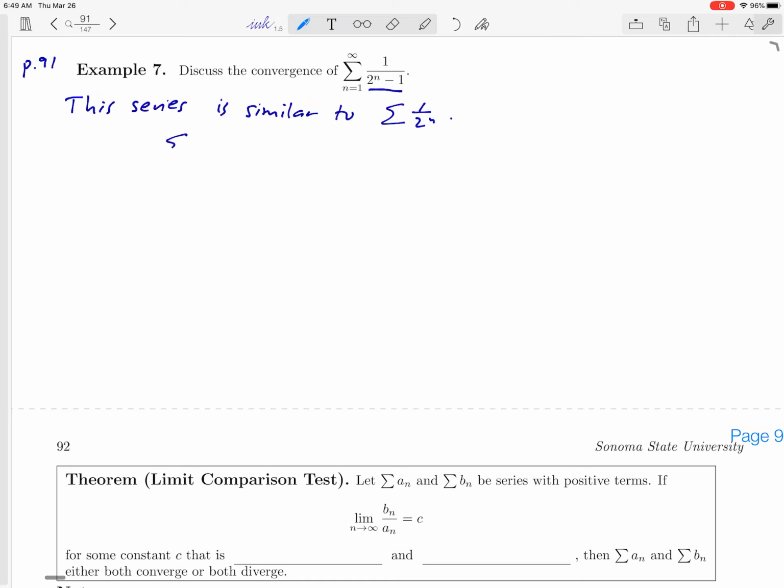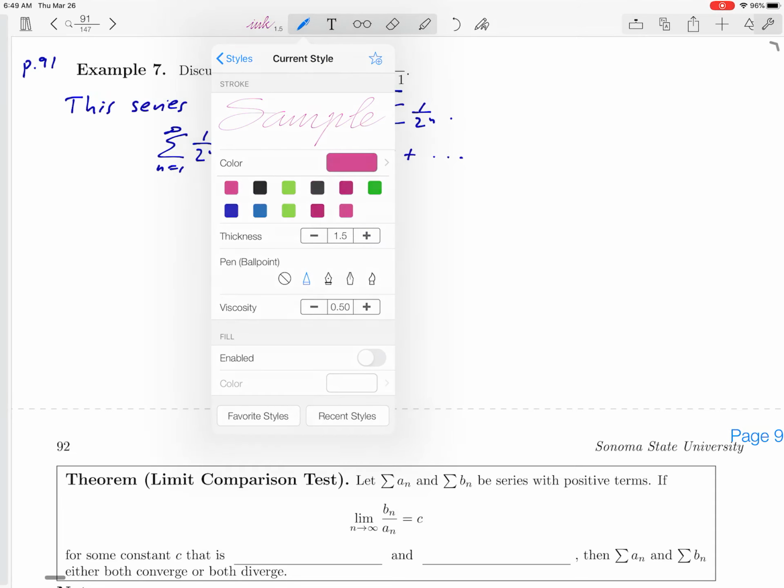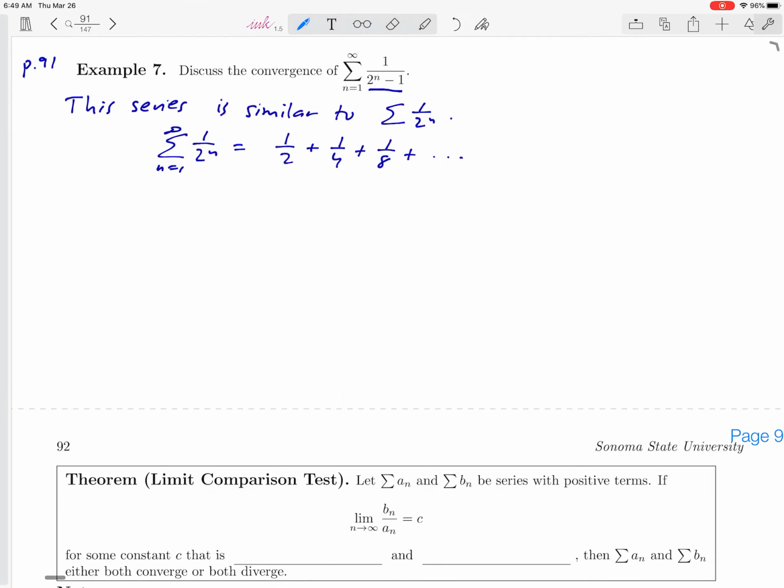What does that series that we just wrote down look like if we write out the terms? Well, let's do that. The first term would be 1 over 2, and then we'd get 1 over 2 squared, which is a fourth, and then 1 over 2 cubed, which is an eighth, and so on. I'm curious if you recognize what kind of series we're looking at.